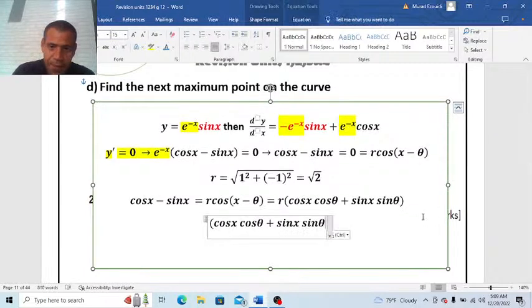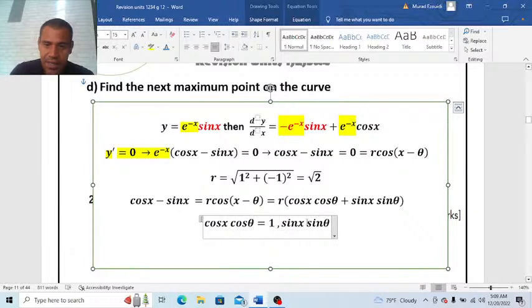I will make cosine x cosine theta equal y. And I will write now minus r sine x sine theta equal what? Equal minus 1.